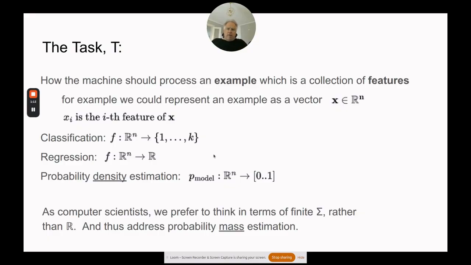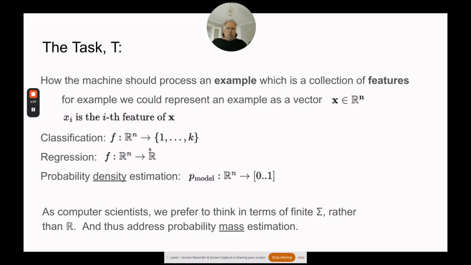So let's talk about the task T here. This is how the machine should process an example, which is a collection of features. The most general way of looking at this is that we look at an example as a vector of engineered features over a task domain. In this case, it's a set of real values.